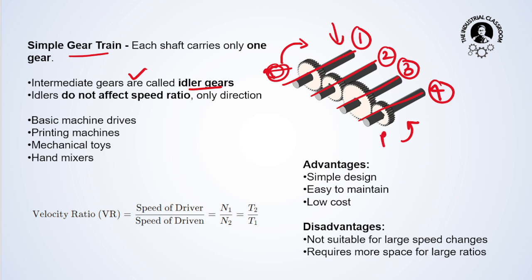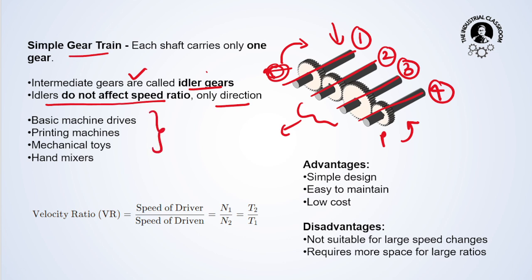Now what are these called? These are the intermediate gears or the idler gears. Idlers do not affect the speed ratio, they only help in changing the direction.